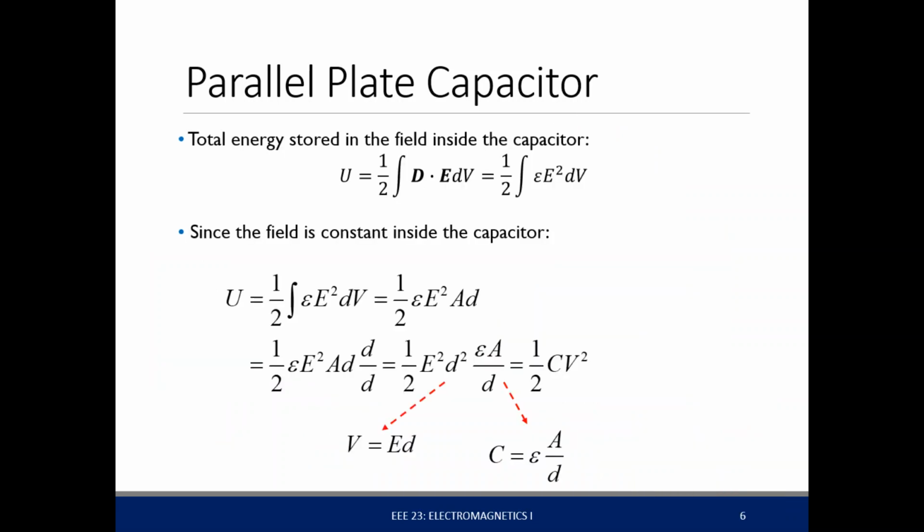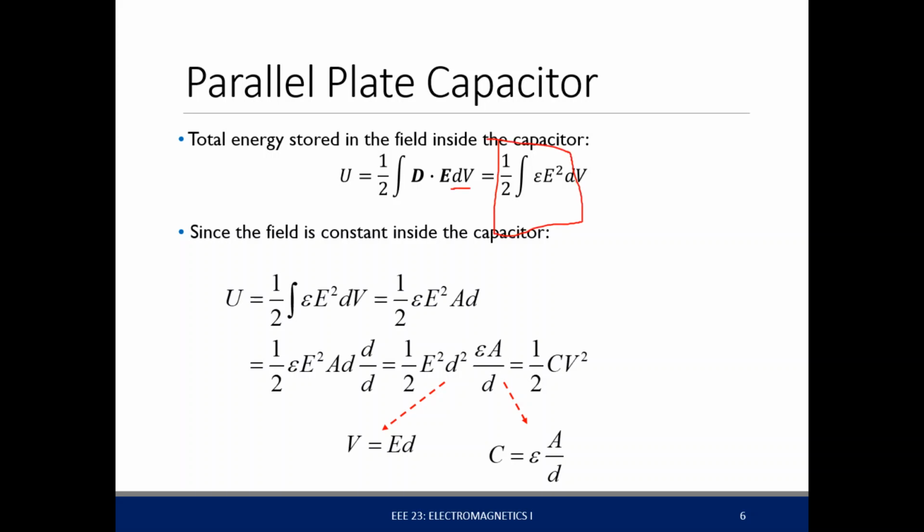The total energy stored inside the capacitor: recall, to get the total energy stored, you just need the integral of your flux density dotted with your electric field intensity, and one half of that. Integrate that with respect to volume, and you get this expression.